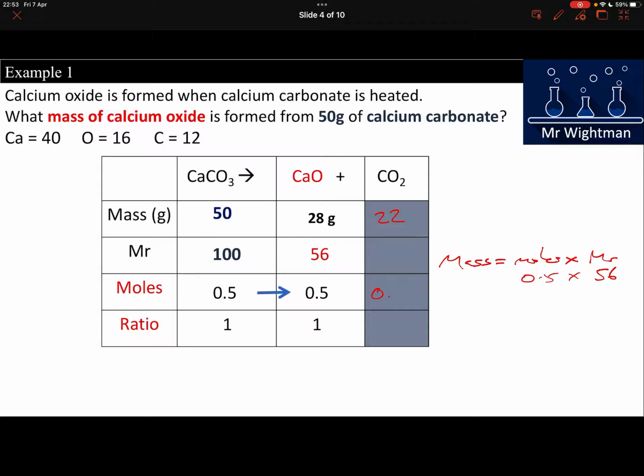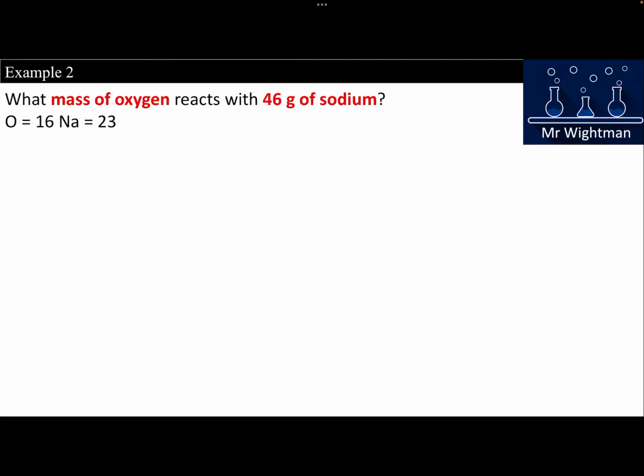But if I had 0.5 moles of CO2, then the relative molecular mass of CO2 would be 44, because 12 for carbon, 16 times 2 for the 2 oxygens. Half of 44 is 22, and 22 and 28 together gives me 50. But in this question, it's only asking me to work out calcium oxide, and so there's no need to work out CO2, which is why I grayed out the column.